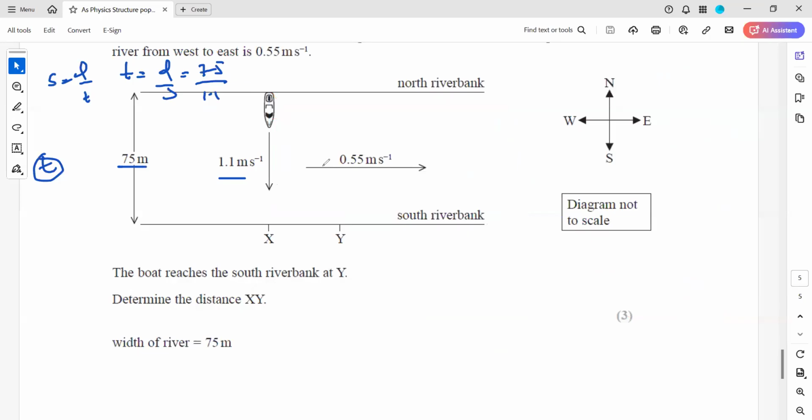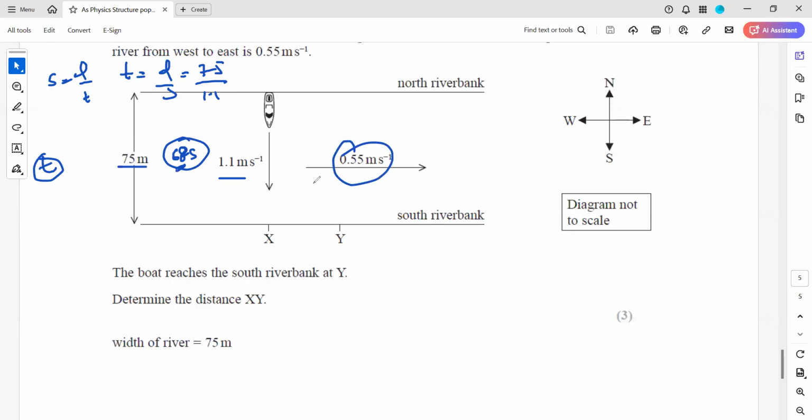So 75 divided by 1.1 will give us how much time it will take to reach the bank, which is 68 seconds. So this will take 68 seconds to reach.